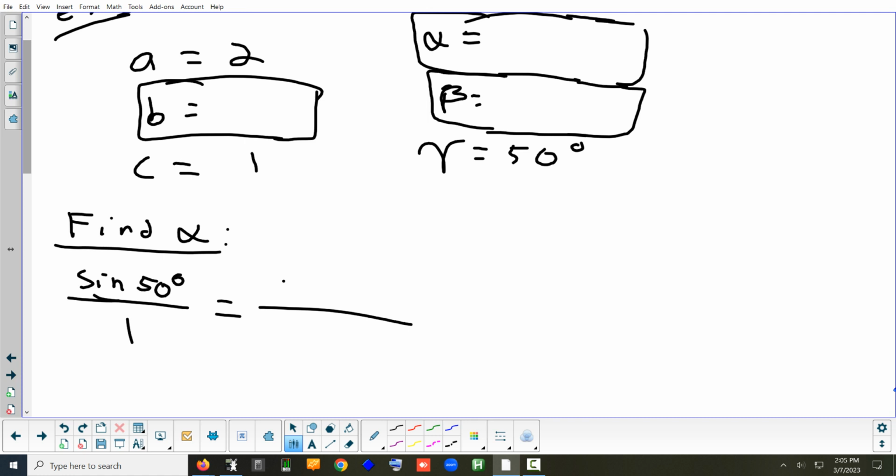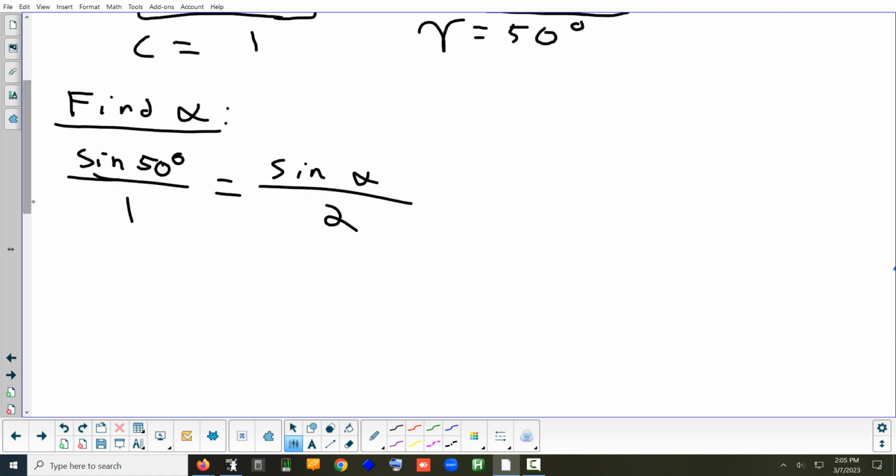Sine alpha over 2. Good. Sine alpha over 2. So just multiply each side by 2. And that'll get sine alpha by itself. Times 2. Times 2. 2 sine 50 equals sine alpha.